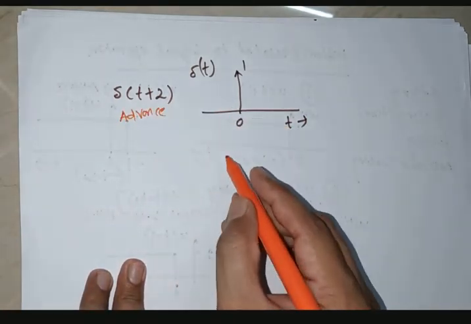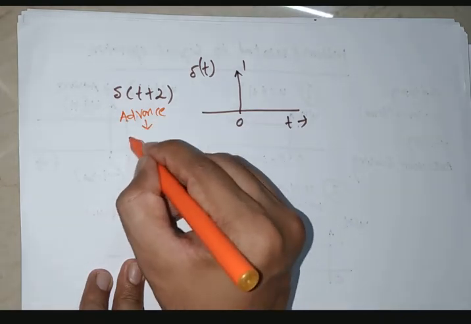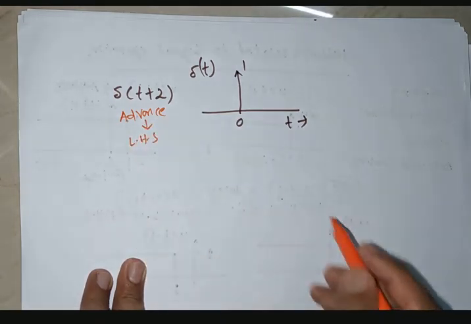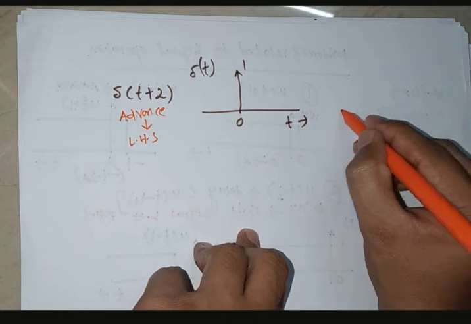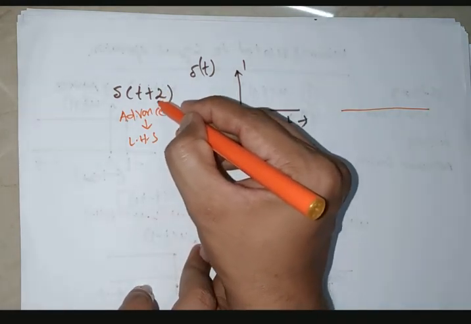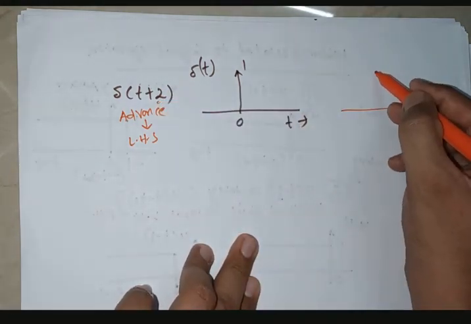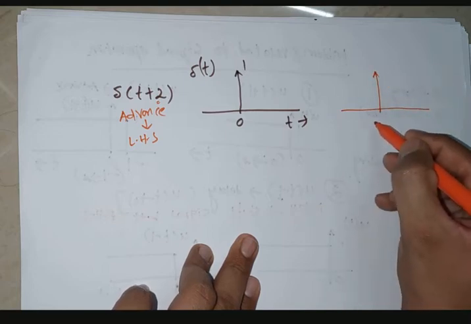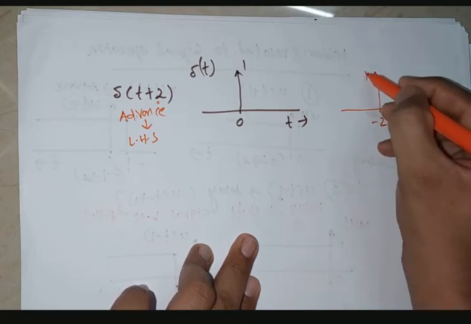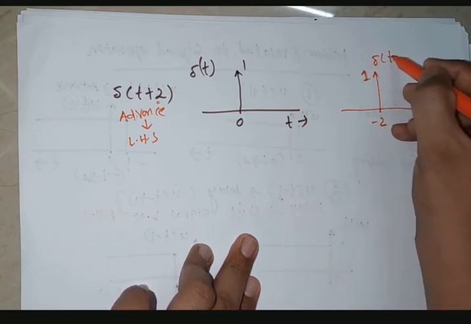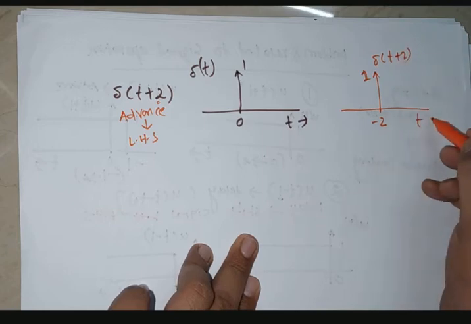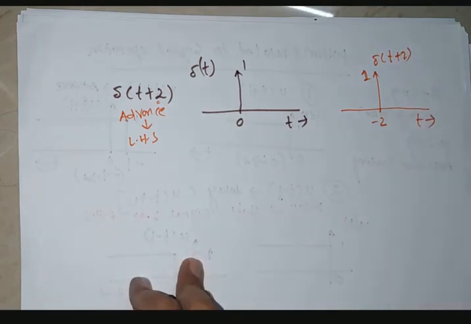Advance. Advance means it will shift left hand side. Okay, shift the signal left hand side. How many units? 2 units. Now it becomes minus 2. This is del of t plus 2.